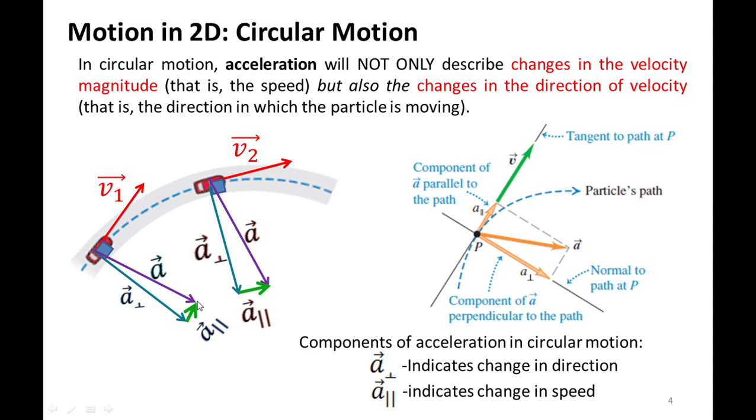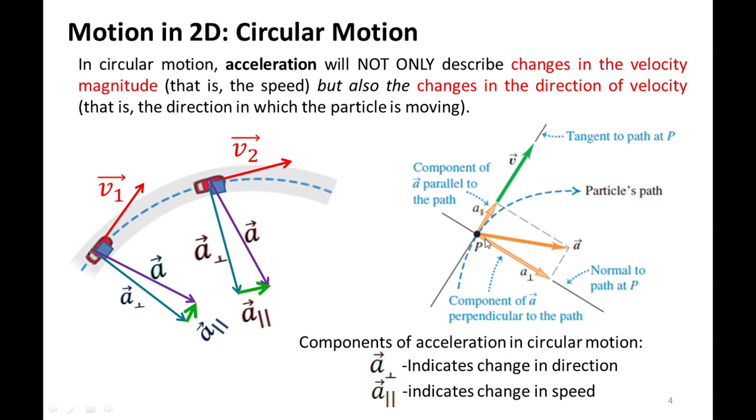While this acceleration here, the one that is parallel to this velocity, is the acceleration that causes the change in speed of the object's velocity. In other words, this is the acceleration that changes the magnitude of the velocity. So now we have two different accelerations, and these two accelerations do two different functions in the object's motion. And of course, you can also have a different representation of this acceleration.